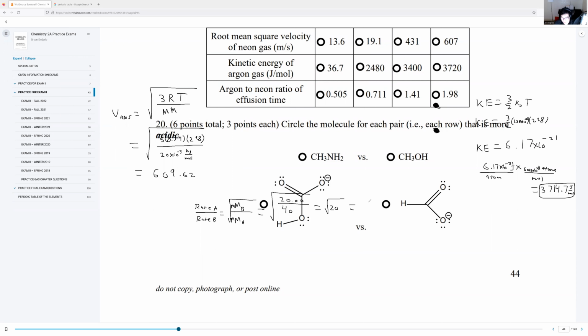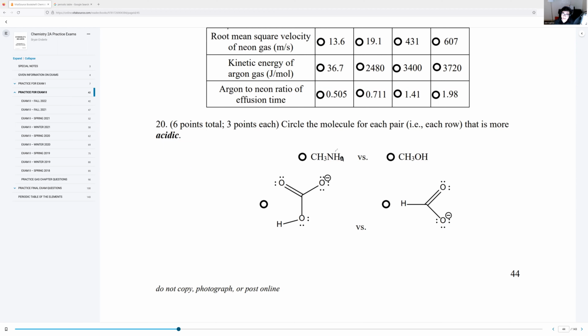All right, now for this next one, 20, it says circle the molecule that is more acidic, right? So the molecule that forms the more stable conjugate base is going to be the one that is more acidic. So if you have these conjugate bases, this would be an N minus, this would be an O minus.